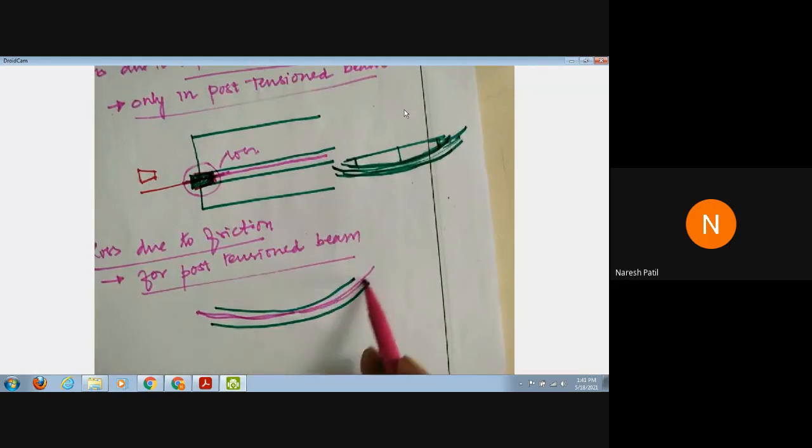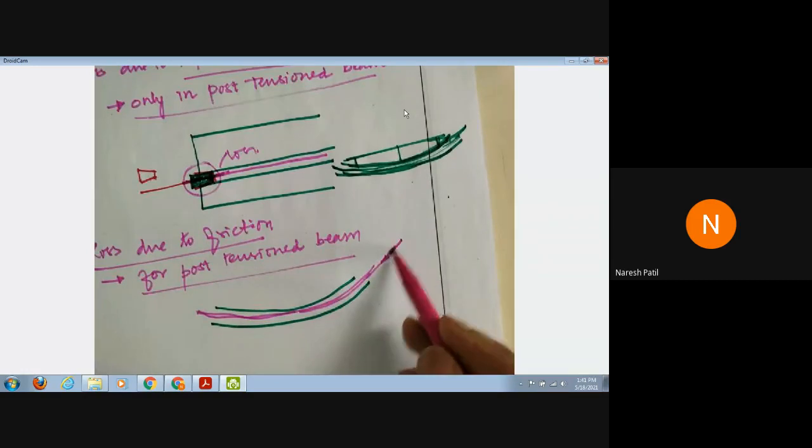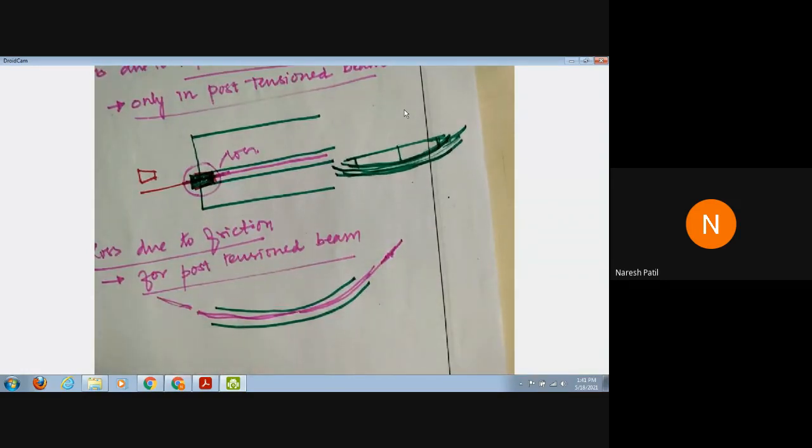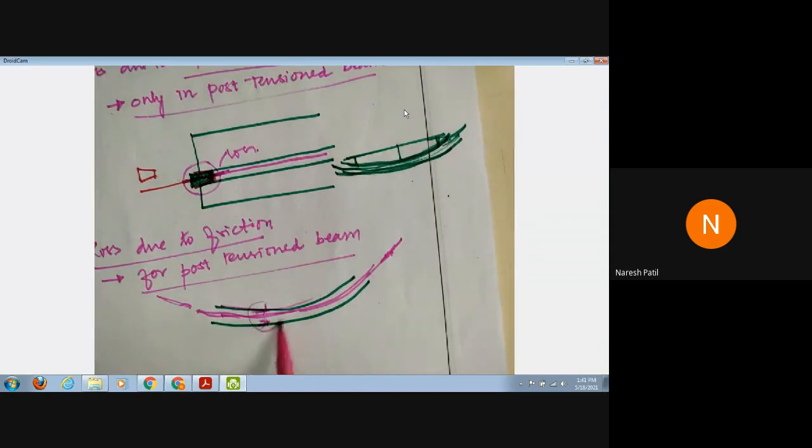When this is stretched from the ends, there will be friction between these two faces. There will be friction between the duct or the surrounding concrete and the tendon, and due to that there will be loss in the post tension beam section.